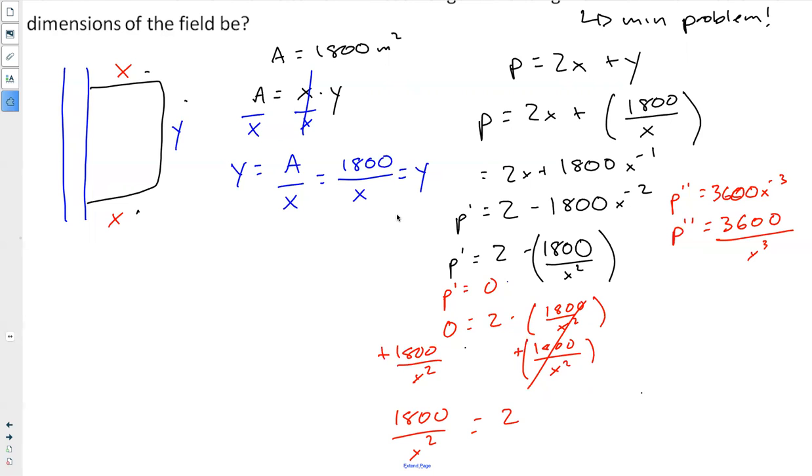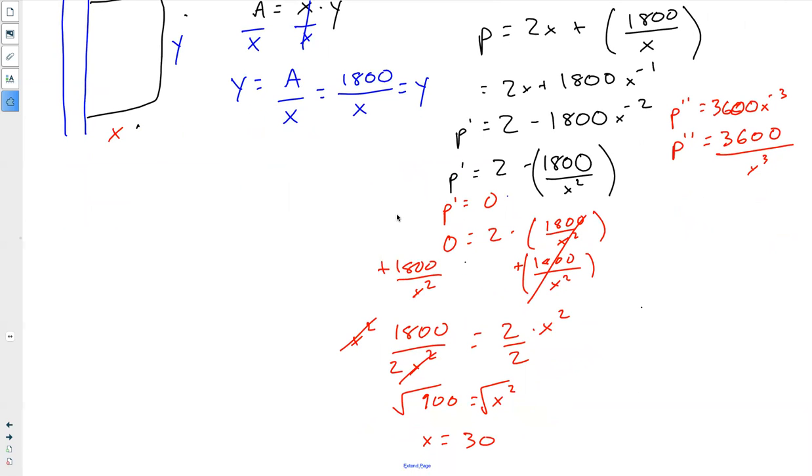Multiply both sides by x squared, divided by 2. 1800 divided by 2 is 900, which is equal to x squared. And we take the square root of that. X is equal to 30. So we know when x is equal to 30, we have a turning point.